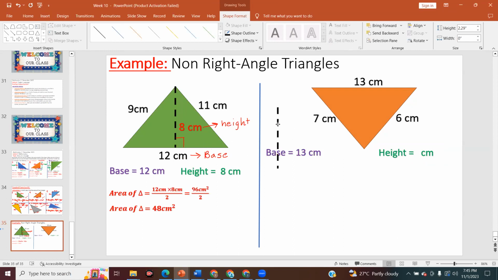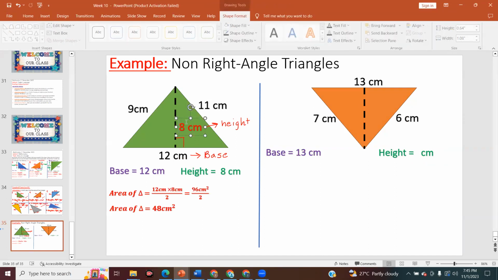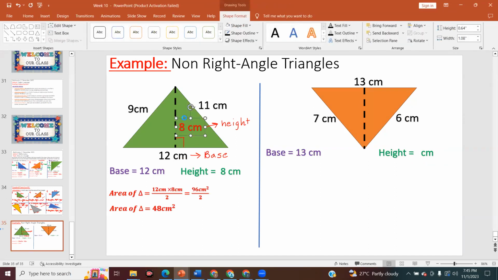All right, so there's no height. No height was given, right? So now we need to put in a height. So let's say that the height is, and it's not 8, I'm going to change this number.